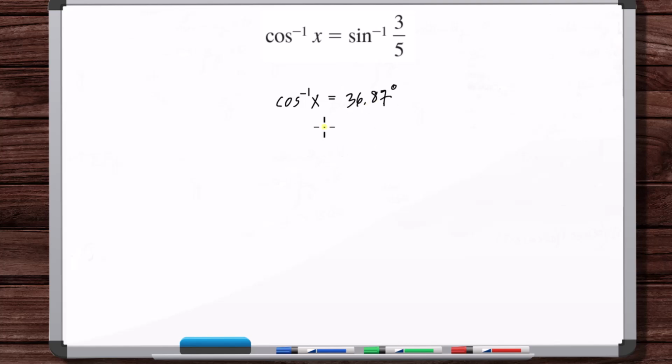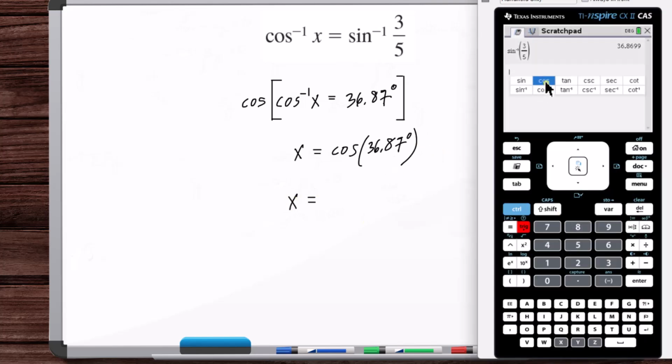So now all we need to do is just take cosine of both sides. Okay. 0.8.